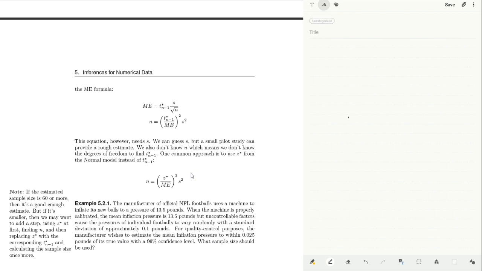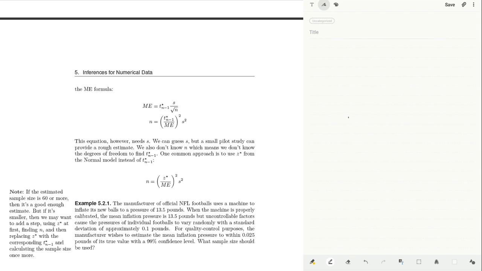However, if it is smaller than 60, then we can add another step by recalculating the sample size again by using the first estimate, n, using this formula, which can then give us our degrees of freedom in the original formula. And once we have the estimate of the degrees of freedom, we can find the critical value and then recalculate the sample size once more.